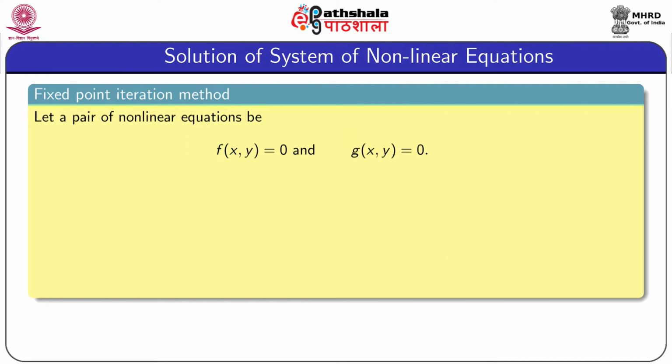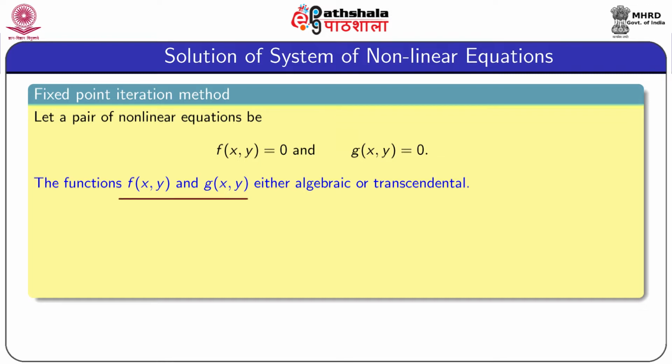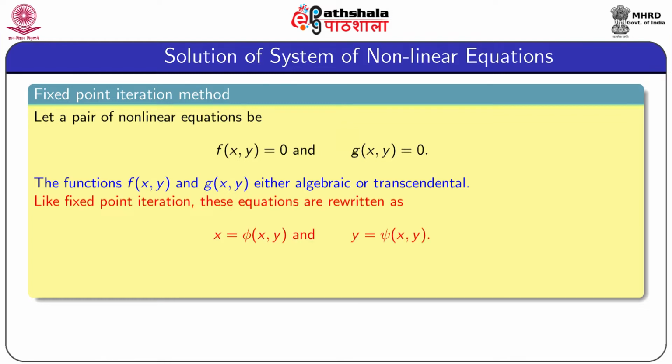Now, we consider the fixed point iteration method to find a root of a pair of nonlinear equations. The nonlinear equations are f(x, y) equal to 0 and g(x, y) equal to 0. The functions f(x, y) and g(x, y) are either algebraic or transcendental. Like the fixed point iteration method, these equations are written as x equal to phi(x, y) and y equal to psi(x, y).